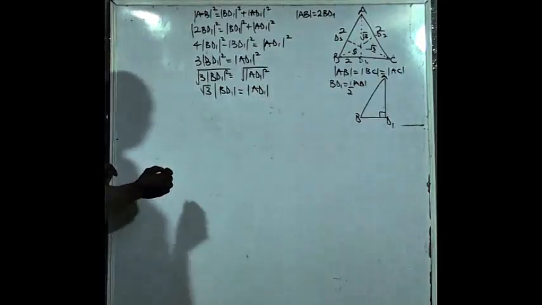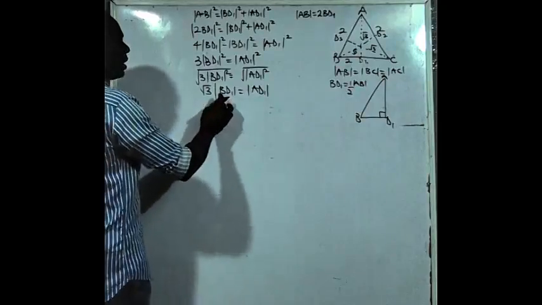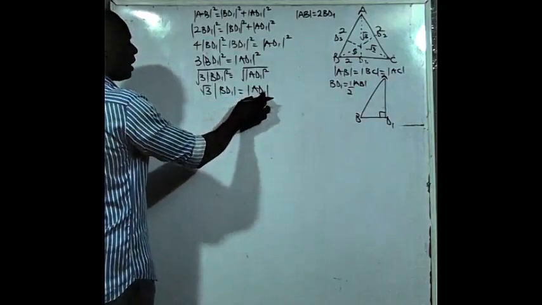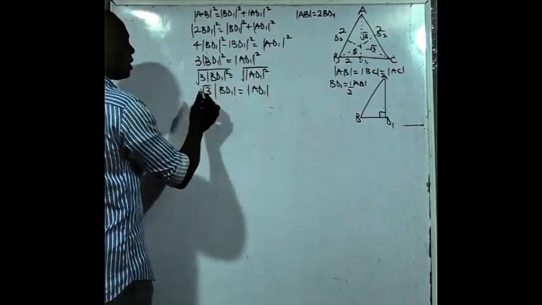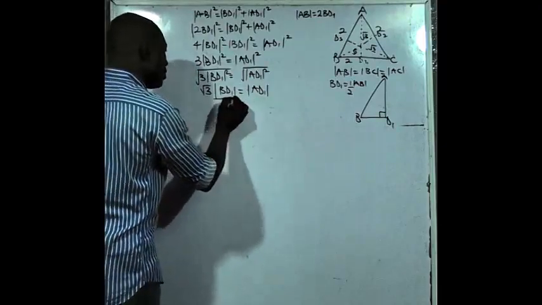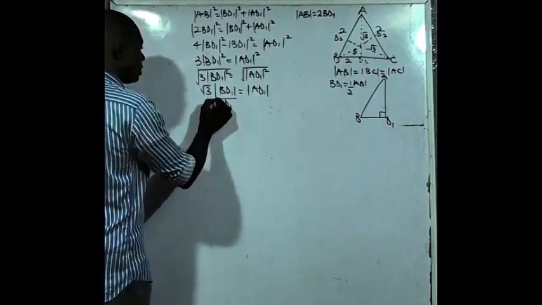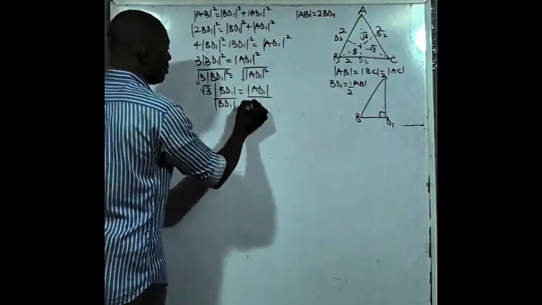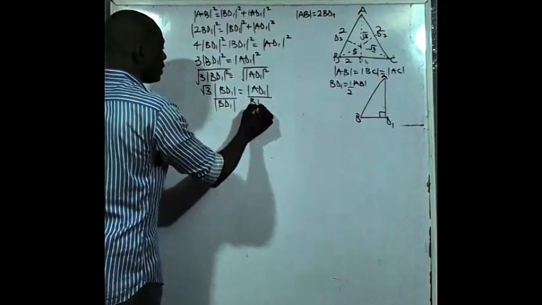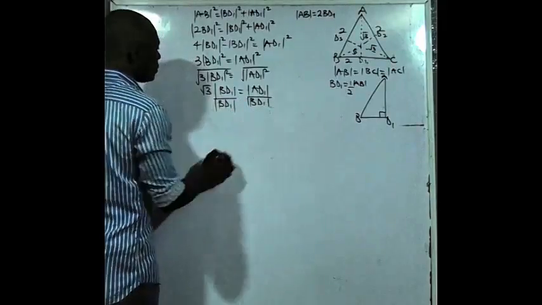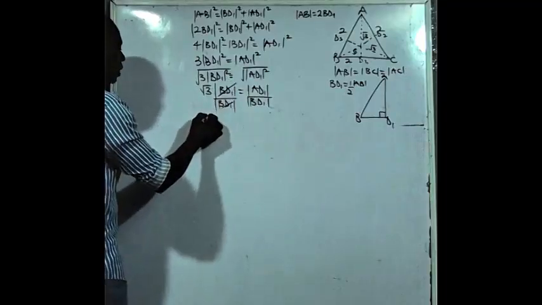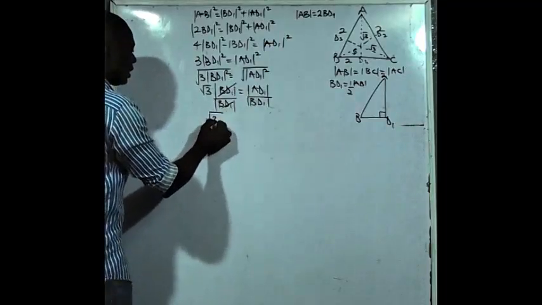Okay? Now all we need to do, because we are looking for the numerical value for AD1 and BD1, is to quickly divide both sides by the line BD1. So what we have here is root 3.